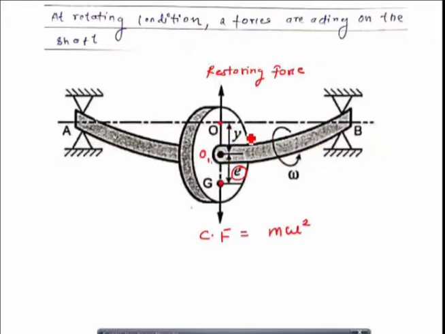So the total distance from O to G is Y plus E, which is equal to R. So E plus Y is R. The centrifugal force is m omega square into E plus Y, and the restoring force is the stiffness force due to the stiffness of the shaft, which is K into Y, because the deflection Y is the distance between the point O and the geometric center O1. So these are the two forces acting on the shaft in rotating condition.